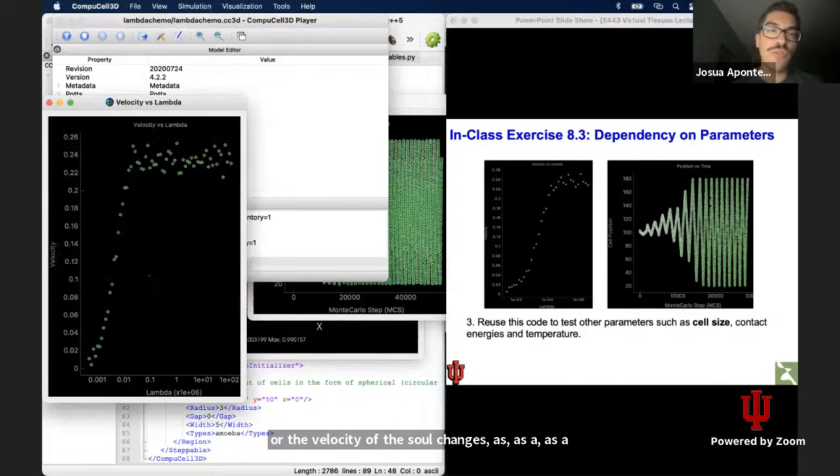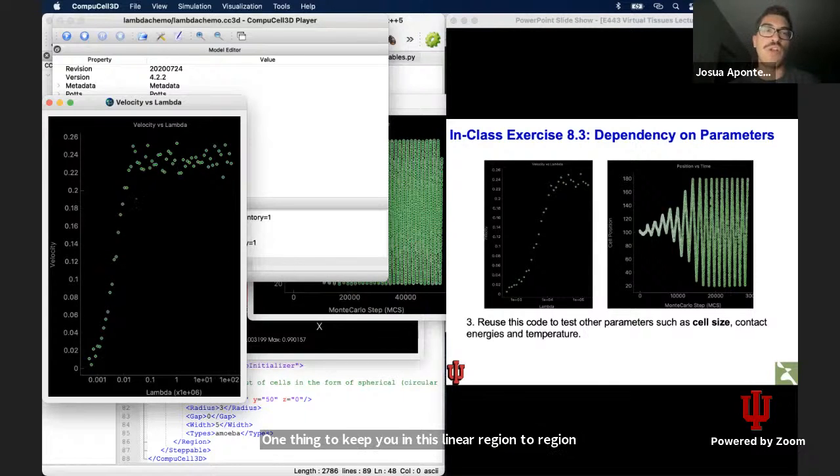What is important to keep in mind for the homework is that for the specific gradient we are using here, a Lambda chemotaxis of about 1,000 or 10,000 is good enough to keep you in this linear regime.